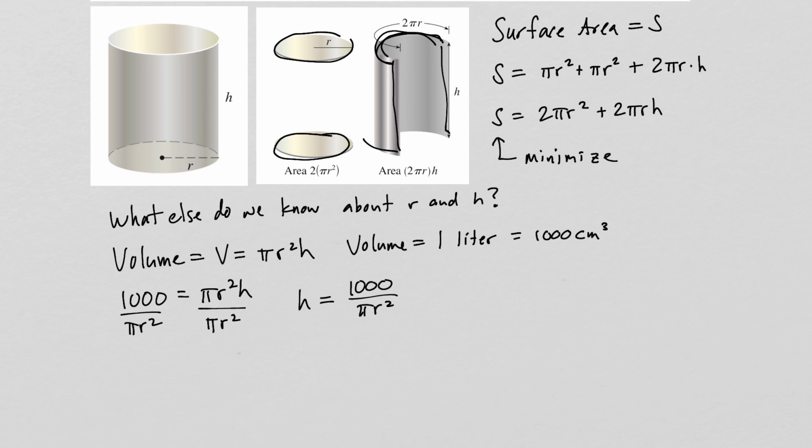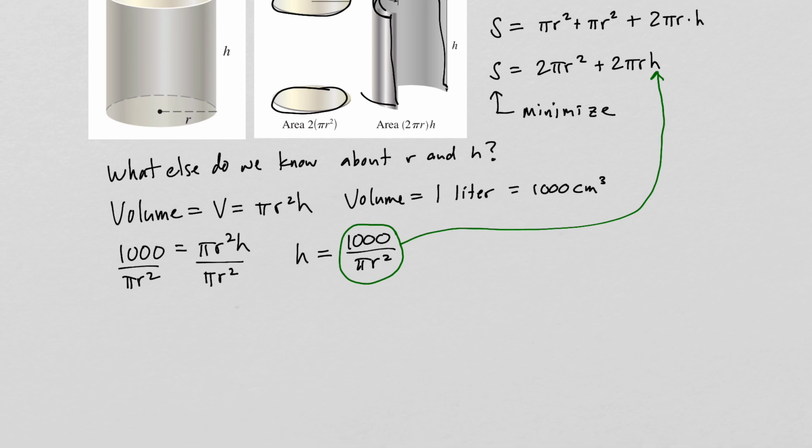And now, just like before, I'm going to take this expression for h and substitute it into the function that I am trying to minimize, which is the surface area. So if I do that, the surface area becomes 2 pi r squared plus 2 pi r times h, which is 1,000 over pi r squared.